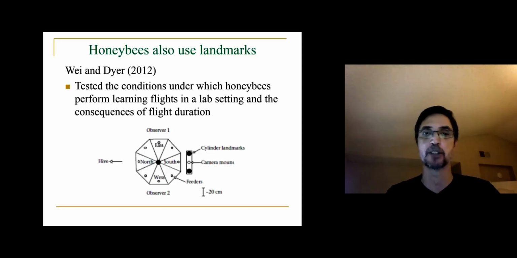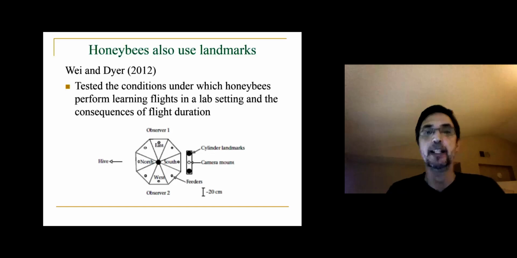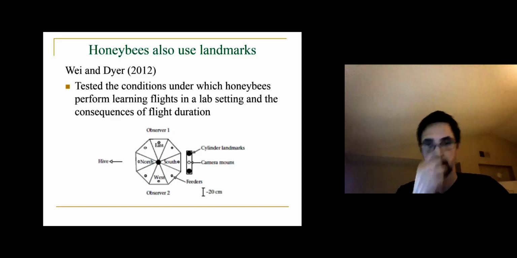We have the hive off to the left, we have a camera mount on the right, along with different landmarks, and in the center we have 8 different locations where food of different types could be located, right? So they would vary the location where they put the food, for example. So the idea is the bee will feed, they'll find that food source, and when they leave it, they'll study it and then go back to the hive.